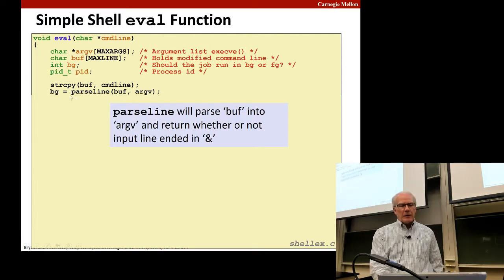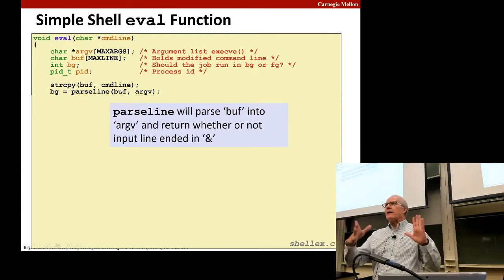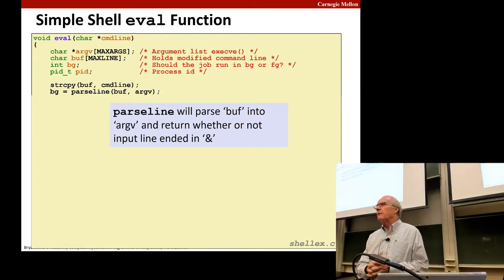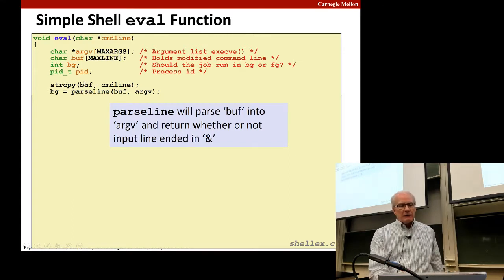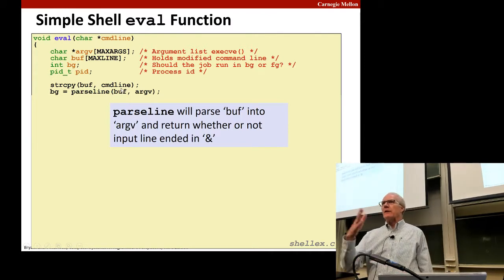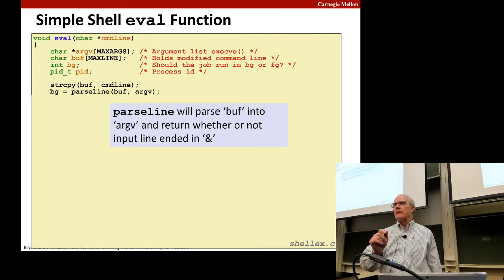There is some parsing that takes this command line and breaks it into separate fields to form the argv. An argv will be an array of strings that will basically be formed by breaking up the command line. And the simplest way to do that is to replace all the spaces with nulls.